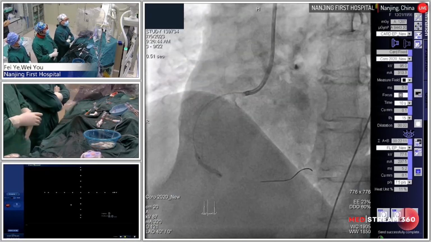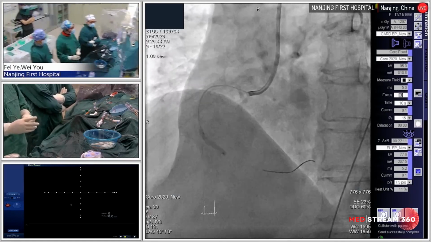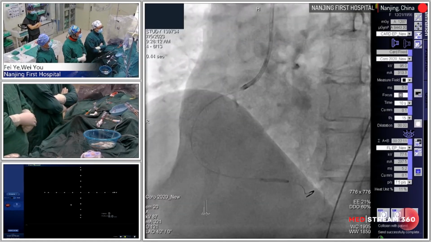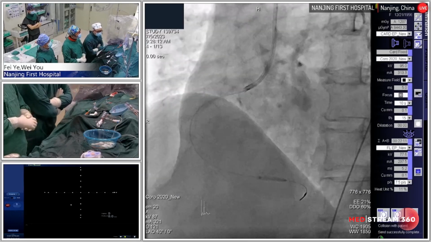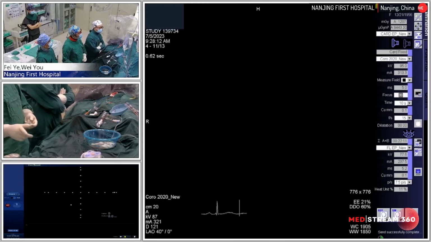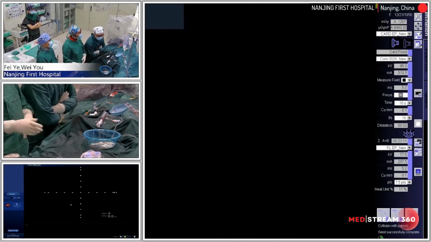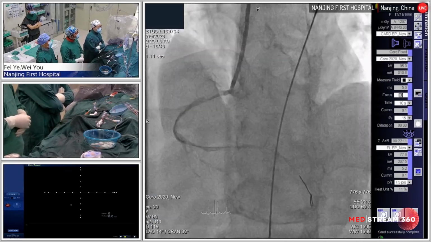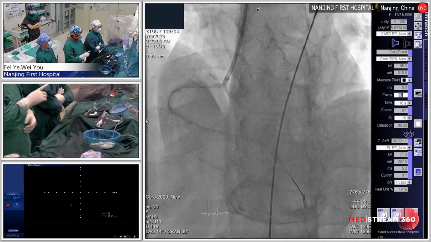You can see the wire, and we used the transradial approach, with 6 French. It's the Runthrough 0.75, and we used 2.0 and 2.5 balloons to pre-dilate the diffuse long lesion from the distal crux to the ostium of the RCA. The balloon expands well, and you can see flow is also good.